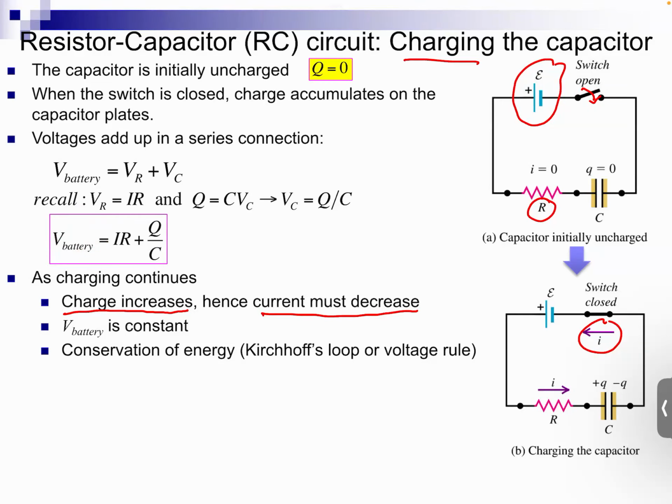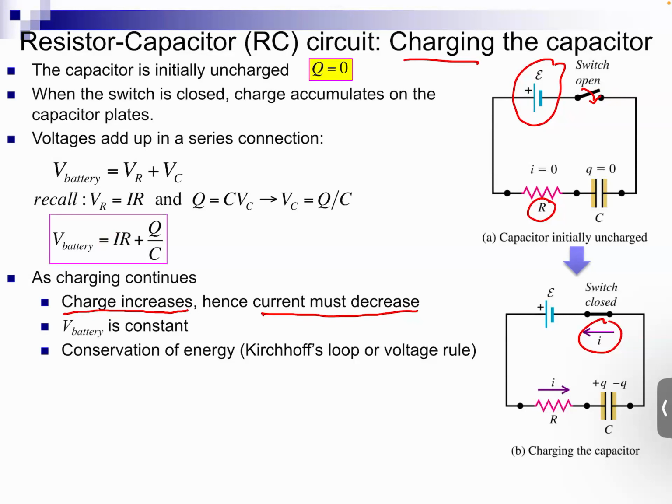We're assuming that the battery is an ideal voltage source. It has no internal resistance. So it has, for example, 9 volts across its positive and negative terminals. If we keep the 9 volts of the battery constant, and the charge on the capacitor plates increases, then the current through the resistor should decrease.